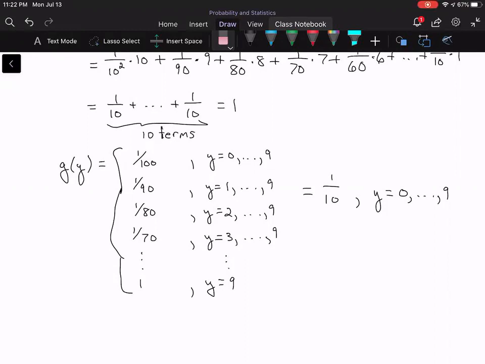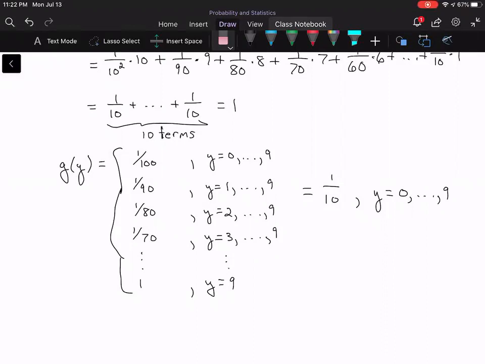And it's 1 over 90 when y is 1 to 9, 1 over 80 when y is 2 to 9, and so forth. But then I recognized that if I were to sum each piece, y going from 0 to 9 at a value of 1 over 100, remember this is a PMF, that's going to simplify to 1/10.